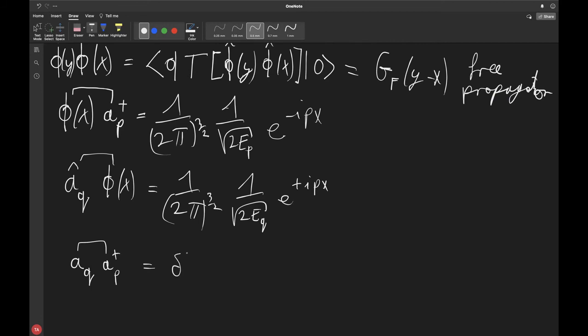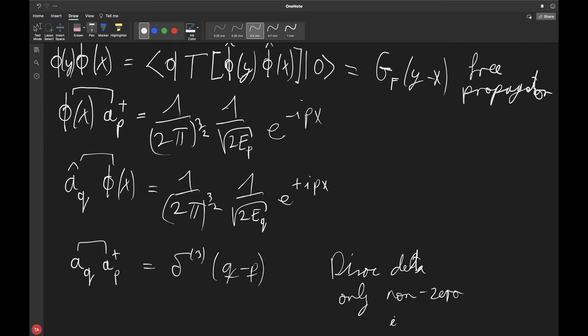That leads to a three-dimensional Dirac delta, which is the q minus p vectors. So this is the Dirac delta, only non-zero if q and p are the same.